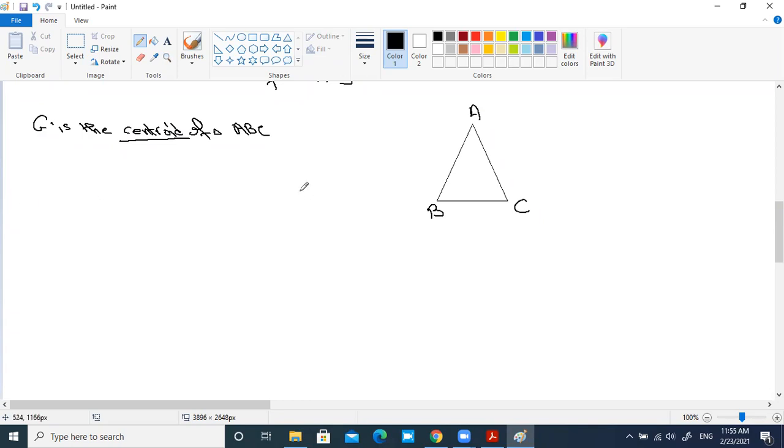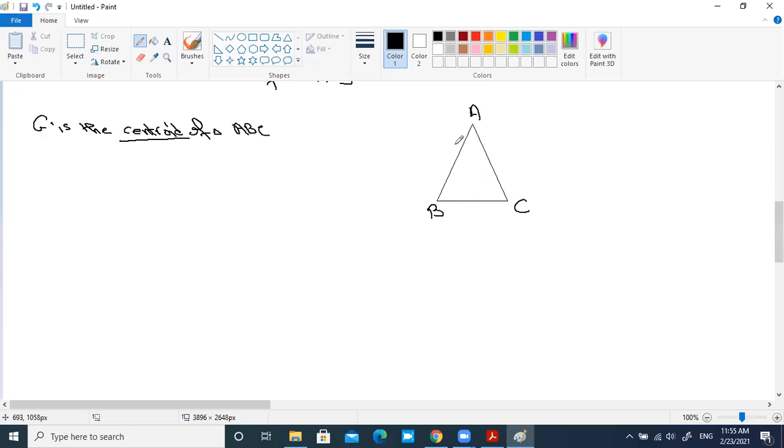It is the intersection of medians. And what is a median? It is the line joining the vertex to the midpoint opposite this vertex.